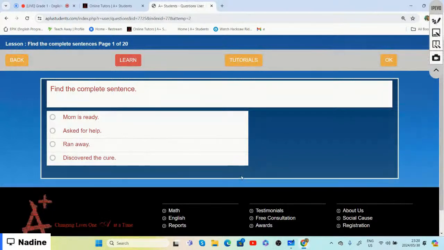Remember, a completed sentence has a naming part and an action part. It says, "Mom is ready," or "asked for help," "ran away," "discovered the cure." What is the completed sentence among those that you see over there?